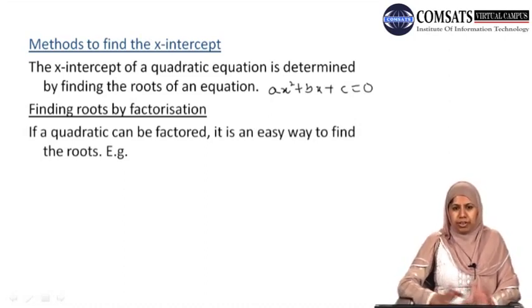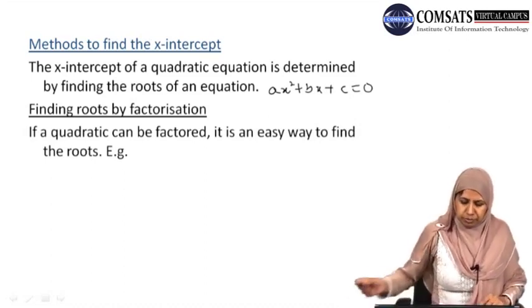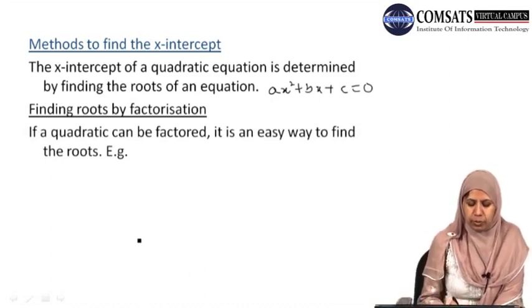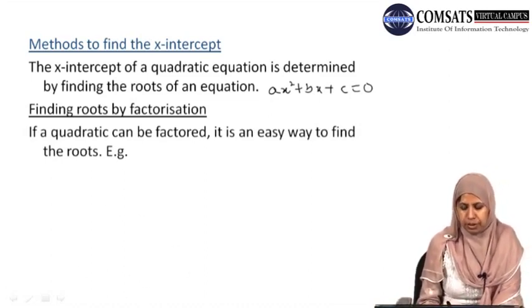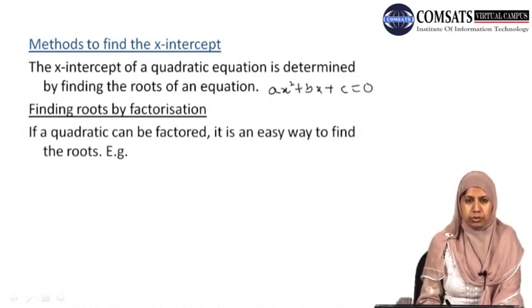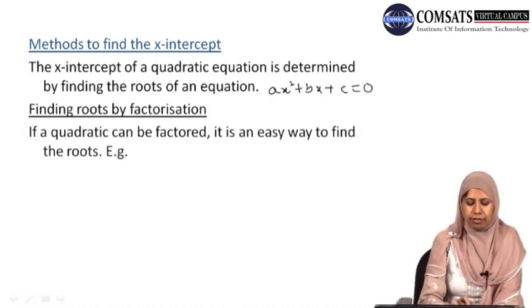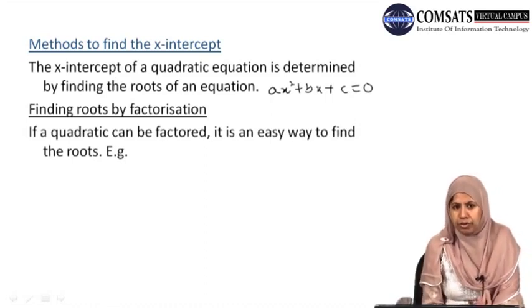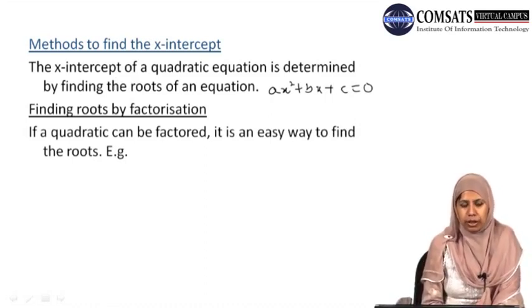Okay, we will revise both the methods here again. What were these methods? If a quadratic equation can be factored, then it is an easy way to find the roots, that we can find the factors of our given quadratic equation. Then we will avoid our quadratic formula.